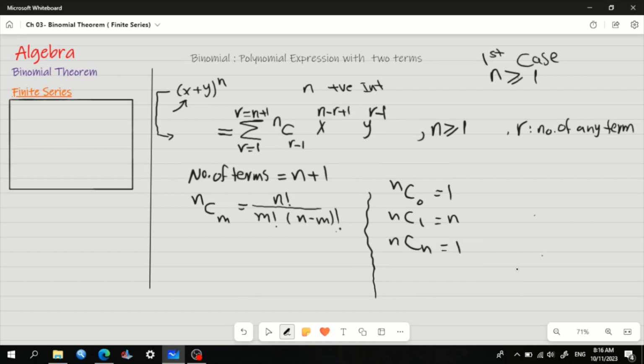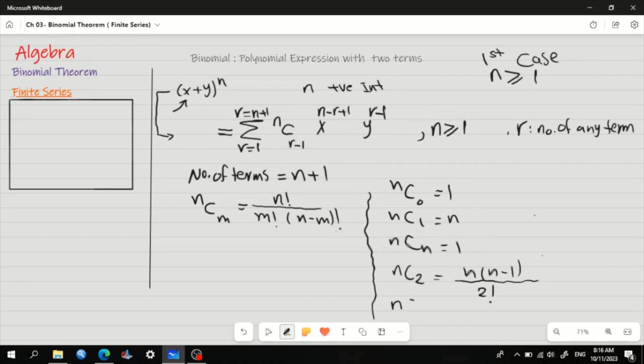Another important expression: n combination 2 will be equal to n times n minus 1 over factorial of 2.